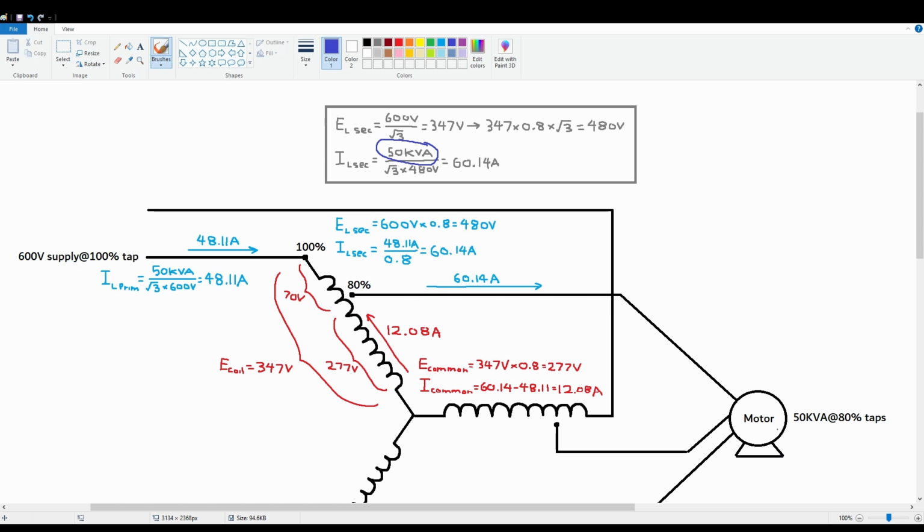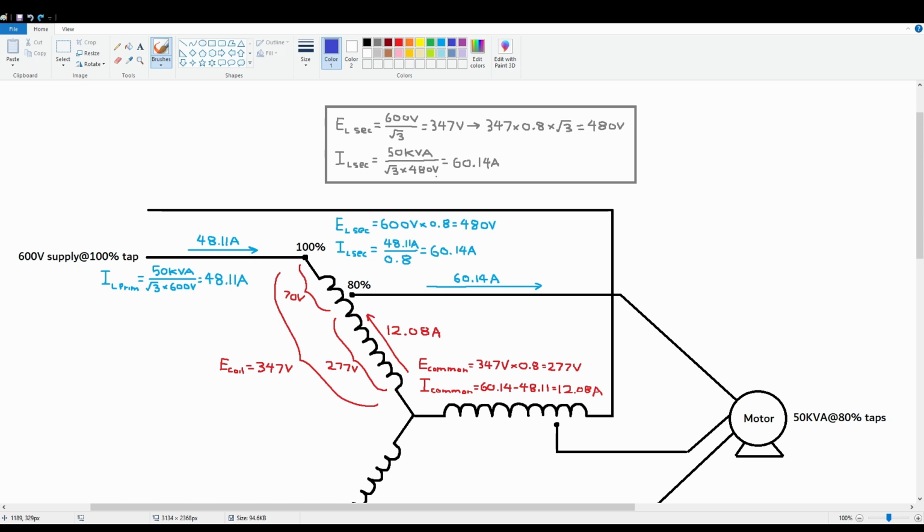So 50 kVA divided by root 3 times the line voltage on the secondary side, which we found is 480 volts, and we get 60.14 amps. So you pretty much get the same answer. It's just a longer way of doing it.